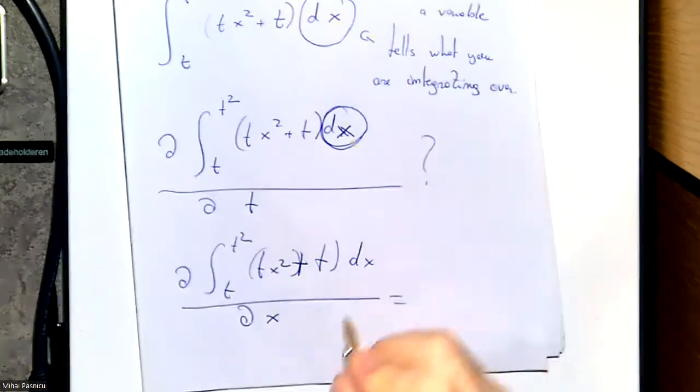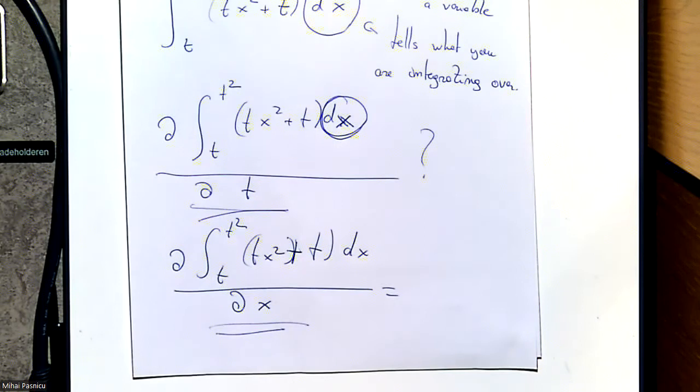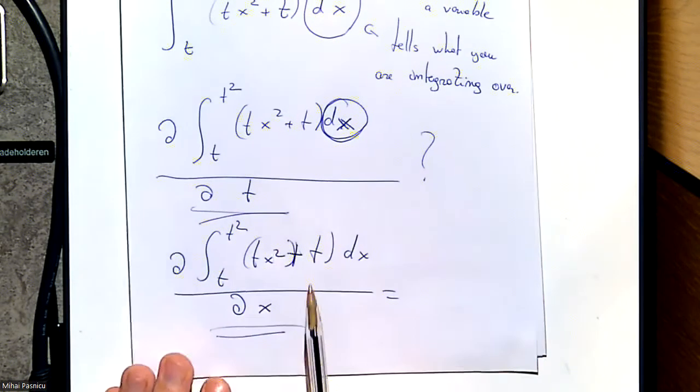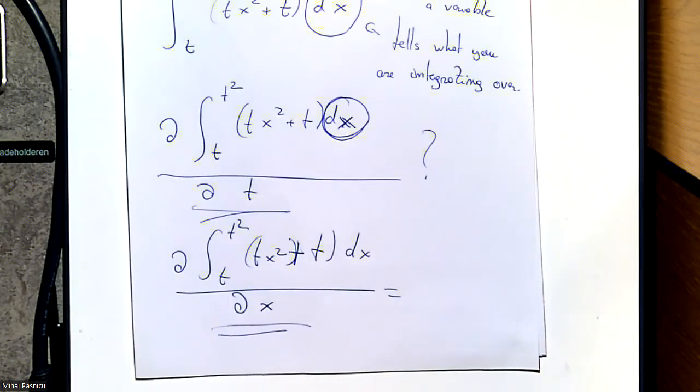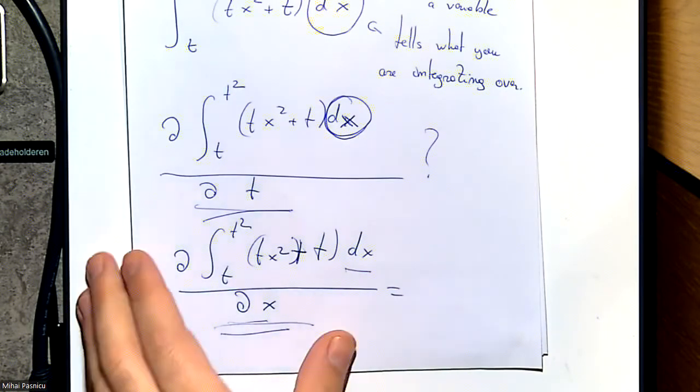This is different, so just distinguish between these two. Leibniz talks about this. This would just be the definition of the integral because we have dx here. So I just wanted to emphasize that.